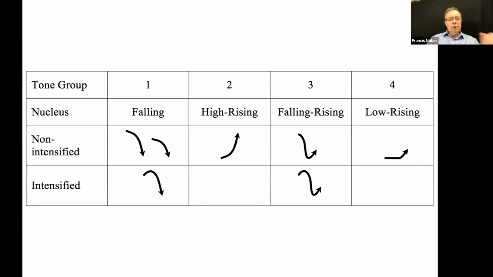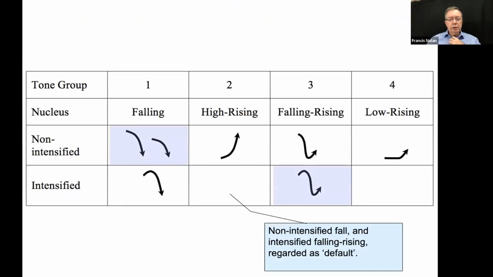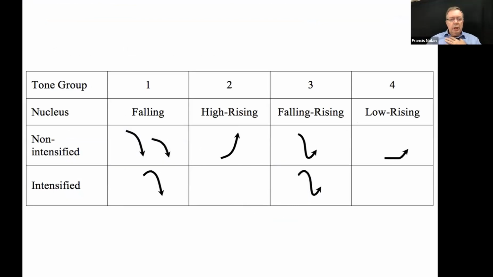So this is Palmer's inventory of nuclear tones. So falling, high rising, falling rising, and low rising.